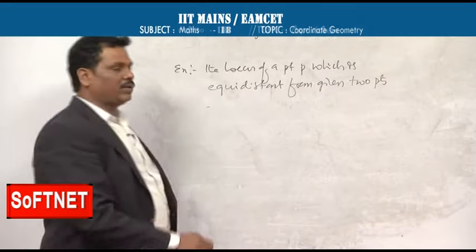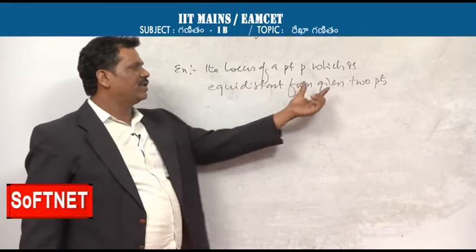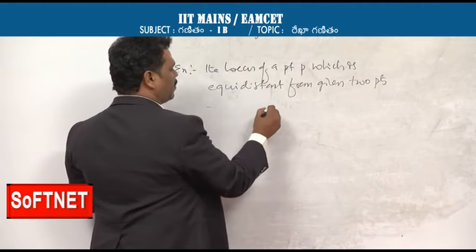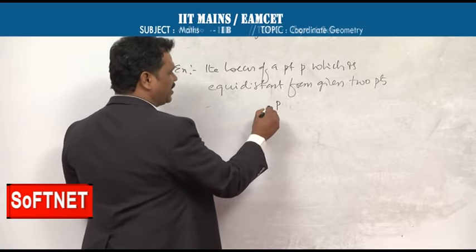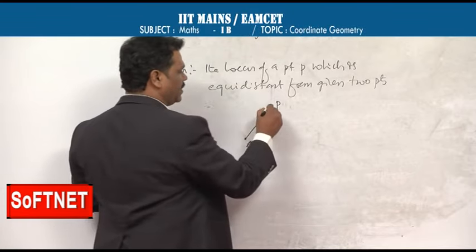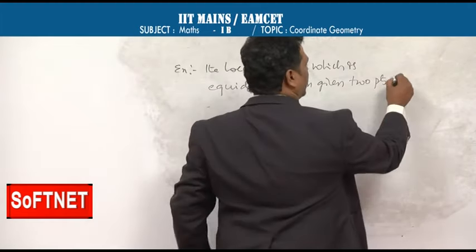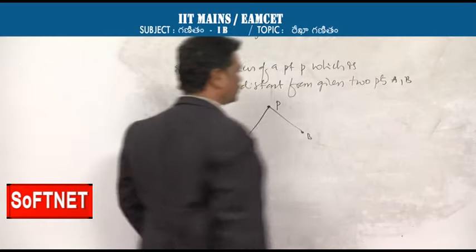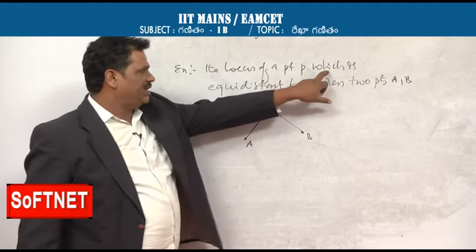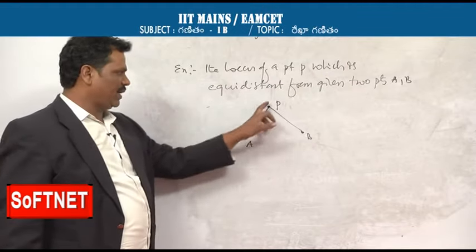Equidistant means equal distance. Taking the given 2 points as A and B, the locus of a point P which is equidistant from given 2 points A comma B. Equidistant means PA equal to PB.